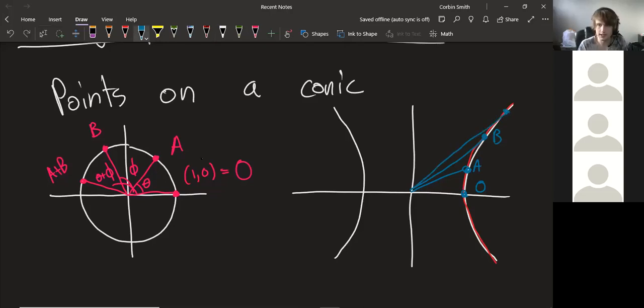It would just be adding the hyperbolic angles, which don't look the same in a Euclidean sense as you rotate them. So that would be A plus B right here. So specifically, if this is equal to cosine theta, sine theta, and this is equal to cosine phi, sine phi, this would be equal to cosine theta plus phi, sine theta plus phi.